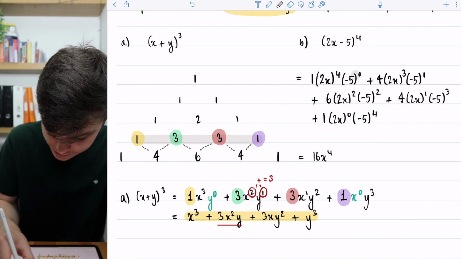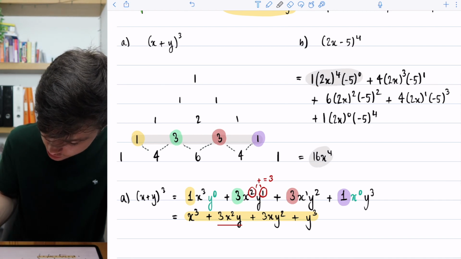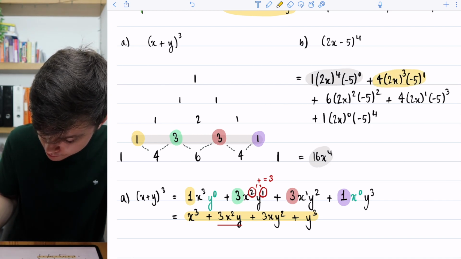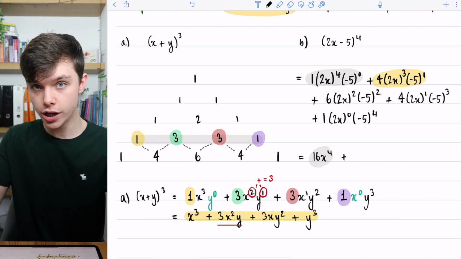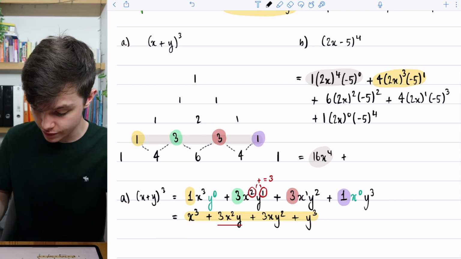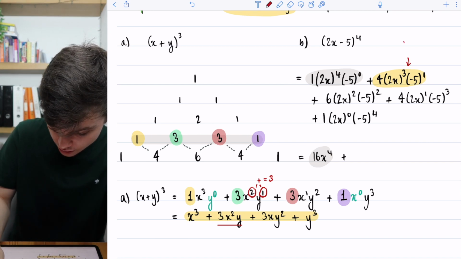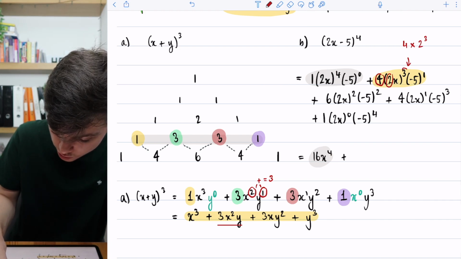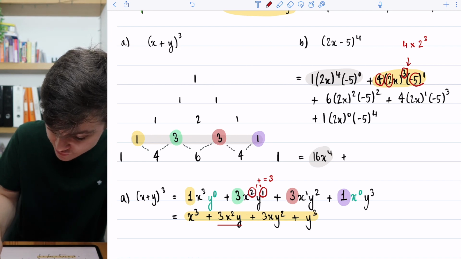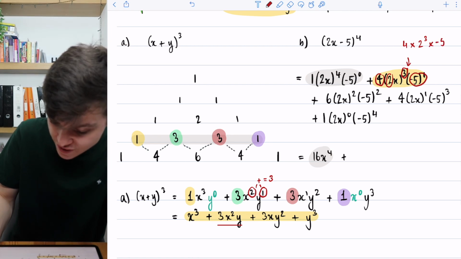In fact, I'll do some highlighting. This term is that term there. When you do that, you're going to have 4 times 2 cubed times minus 5. That's what you're going to have here. The coefficient will be 4 from that 4 there, times 2 cubed from the 2 and the cubed, times minus 5 to the power of 1, which is just minus 5.